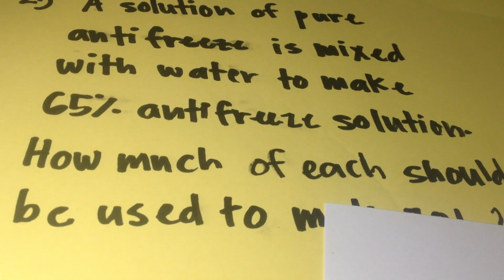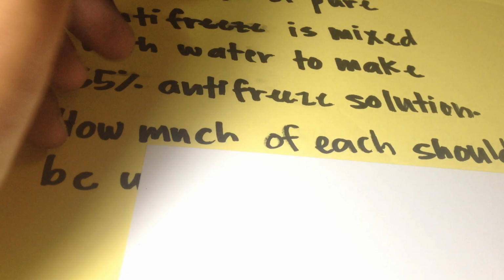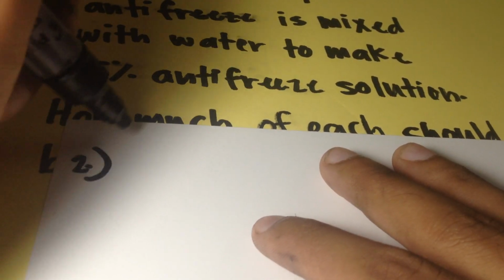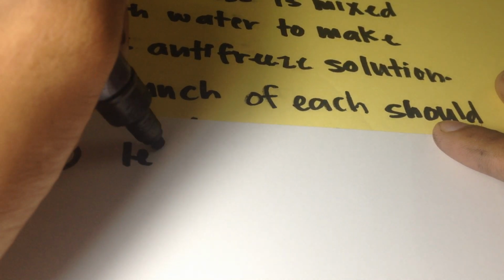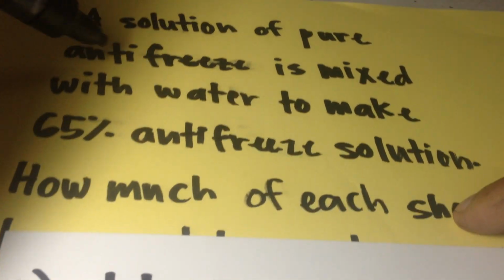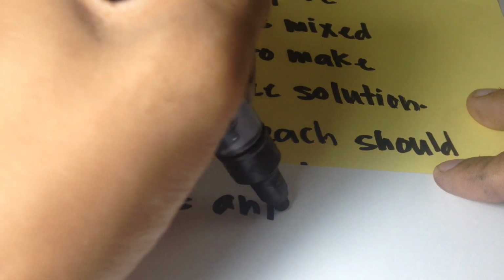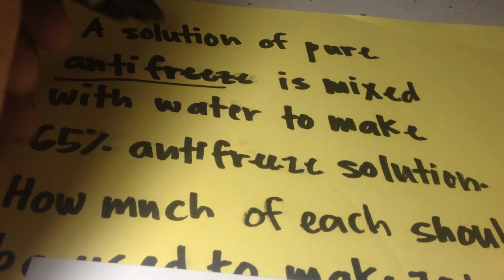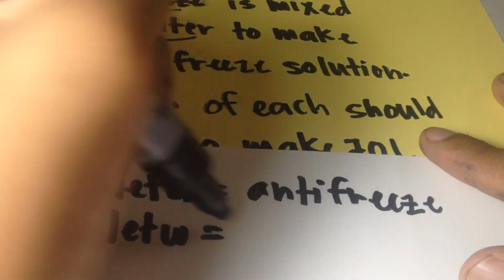First, we need to create again a table for the given. This is number 2 here. Let A equal antifreeze and let W equal water.